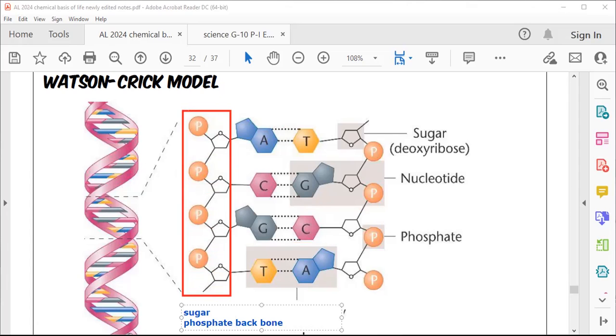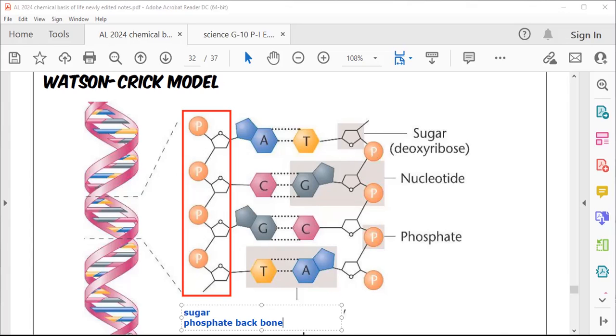What is the name given? Sugar phosphate backbone. Sugar, phosphate, phosphodiester bond.